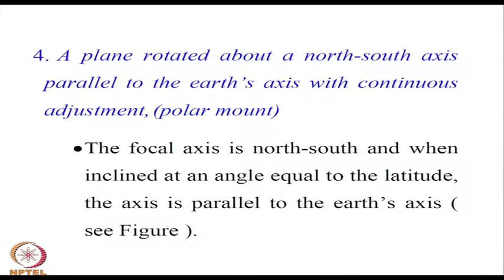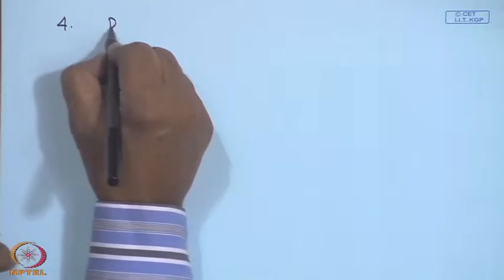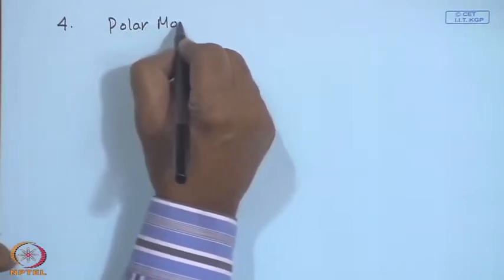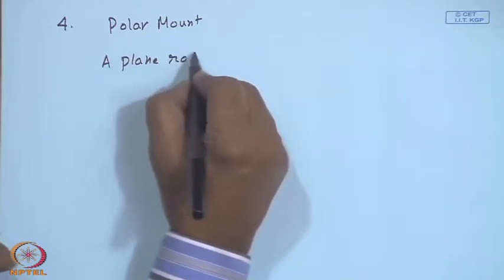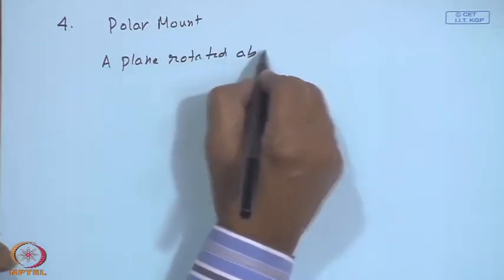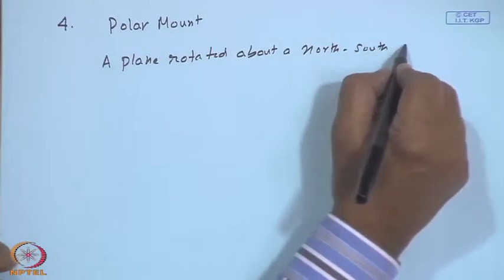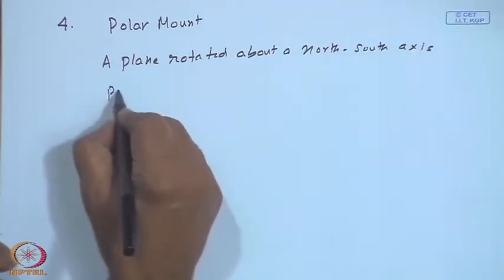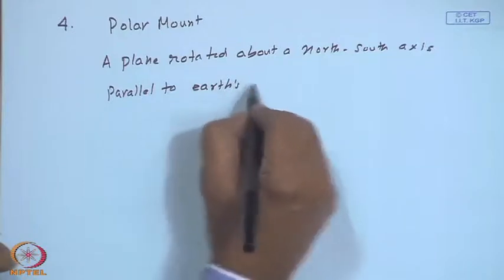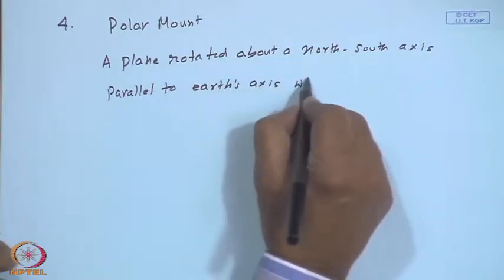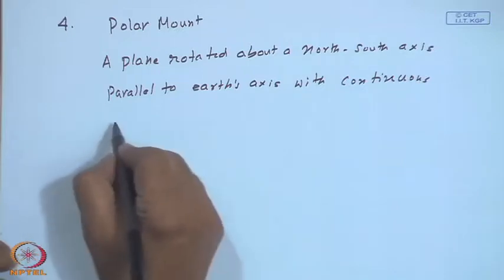Now, the fourth mode of tracking is called a polar mount, or a plane rotated about a north south axis parallel to Earth's axis with continuous adjustment.